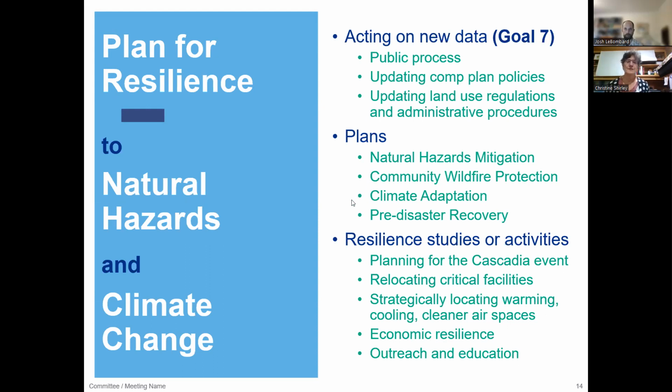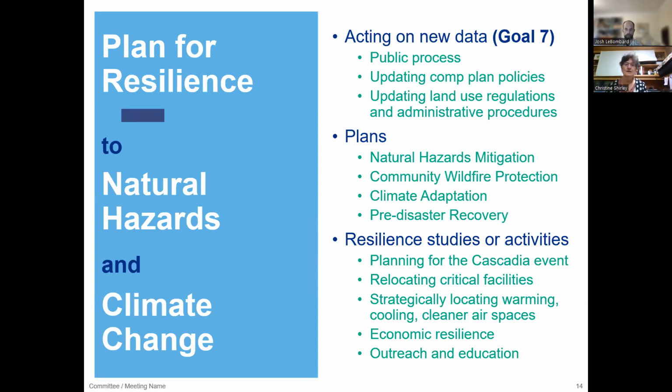And then finally, there's resilience studies and activities such as planning for the Cascadia event, planning for the relocation of critical facilities. This would be an example of where you would look at your critical facilities and their location and their exposure to hazards and think about how you might either harden them or relocate them, and get yourself ready to prepare applications for FEMA hazard mitigation grants.